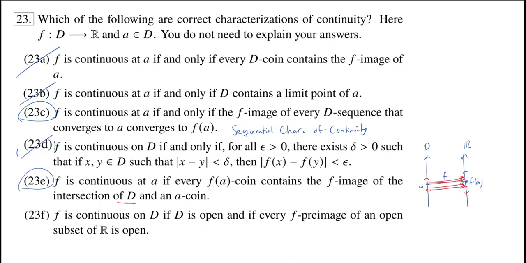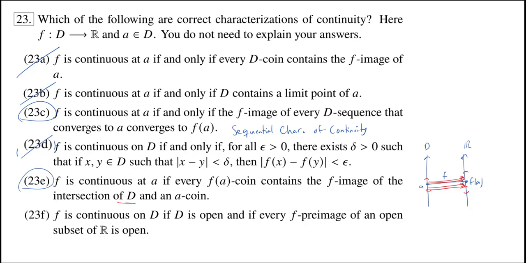Okay, let's go to the last one. F is continuous, again, on D, if D is open and if every pre-image of an open subset of the reals is open. This actually sounds a lot like the topological characterization that we gave for continuity.